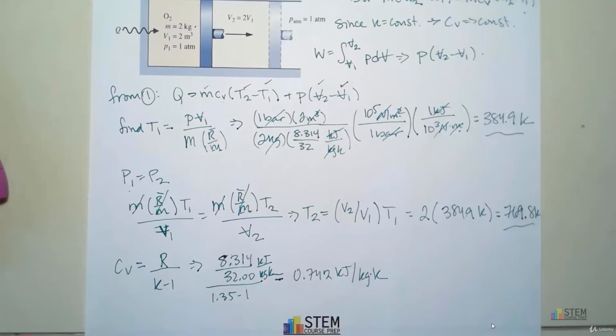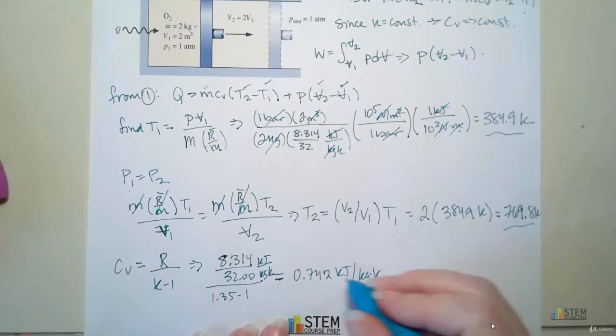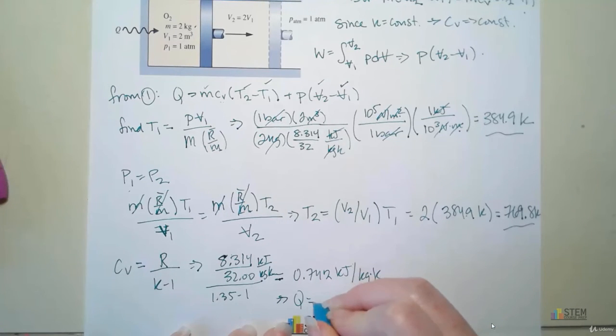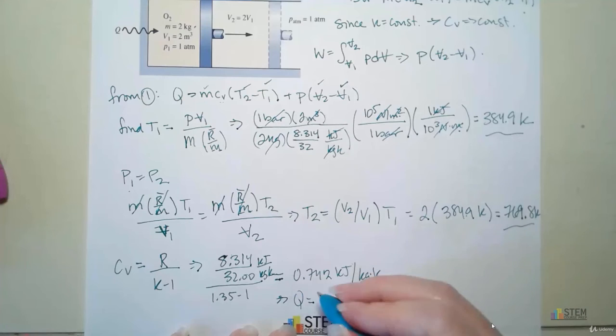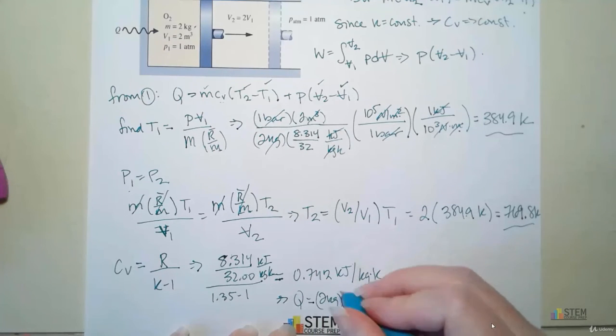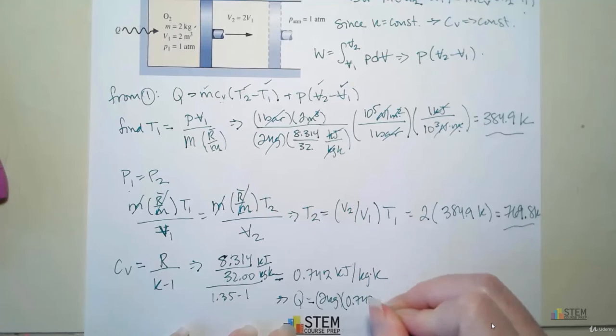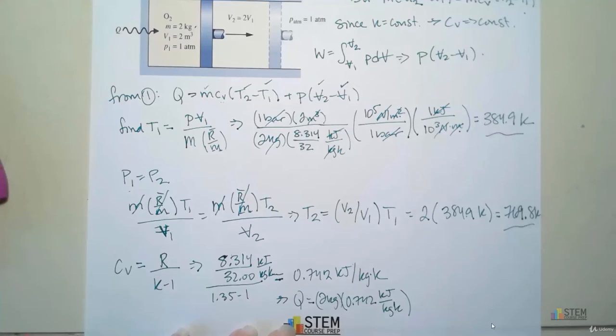Now we have everything we need for Q. Now we'll go back up to that energy balance equation, and then we can plug in our values. So Q is going to equal the mass, which was 2 kilograms, times CV, which is this 0.742 number. And then we're going to have the change in temperature, so we want T2 minus T1.